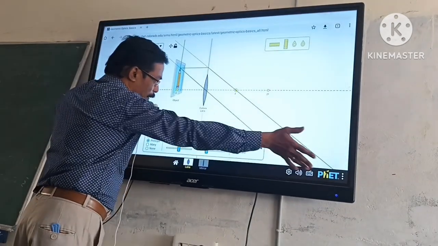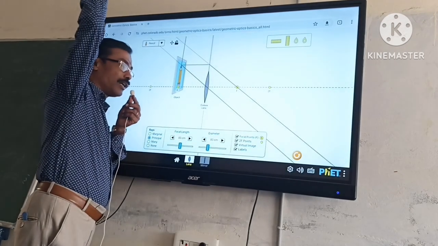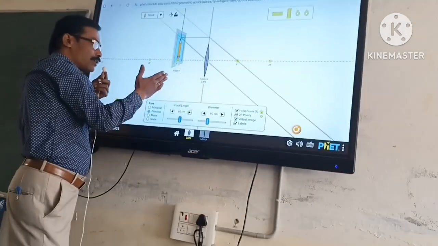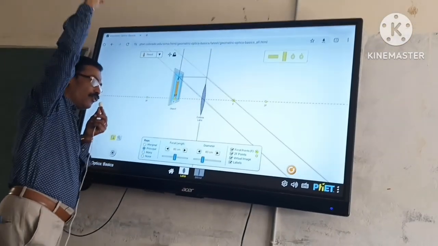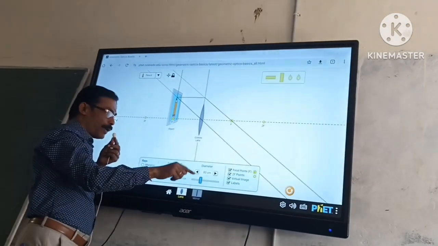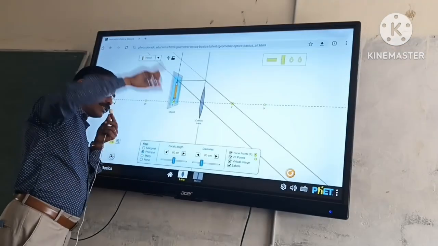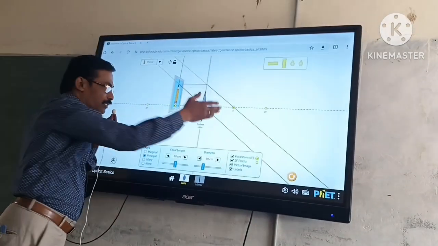The rays are parallel; they won't intersect. The image will be formed at infinite distance. For example, if you focus the rays of the sun with a convex lens on paper and burn it, that is the focus, and that is the point-sized image of the sun. The sun is at infinite distance, just like that.